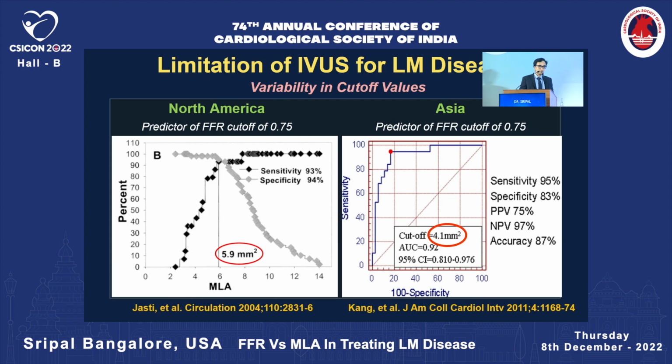These two studies are looking at cutoff values for intravascular imaging to predict an FFR threshold of 0.75. The panel on the left is a North American study showing a threshold of 5.9 millimeters squared, which we commonly use. But in Asian patients, because the arteries are smaller, the threshold is much lower, 4.1 millimeters squared.